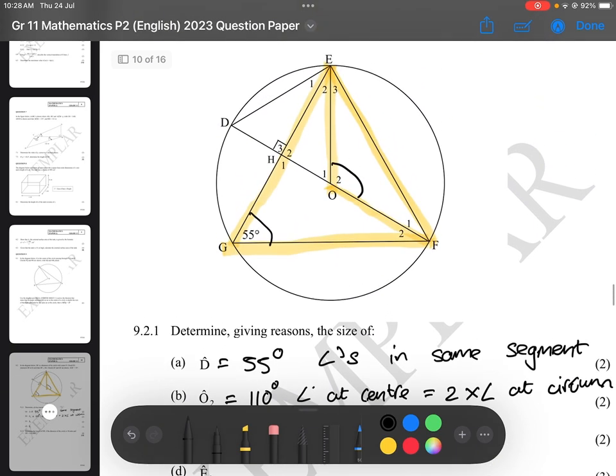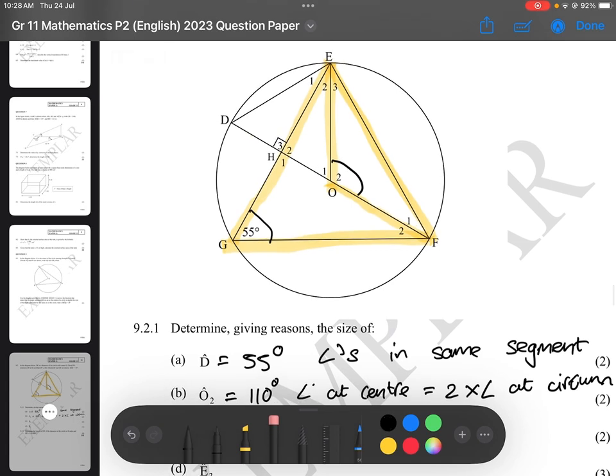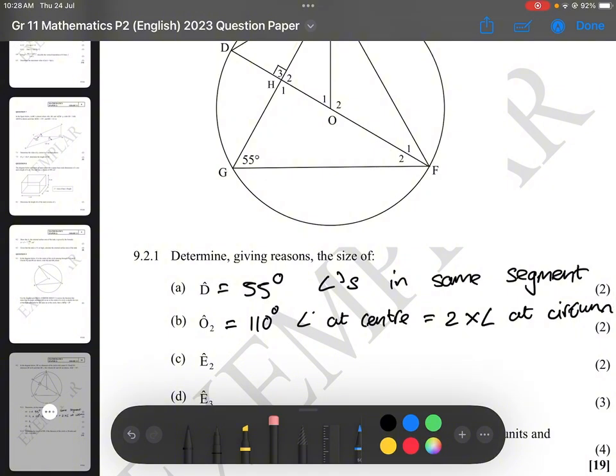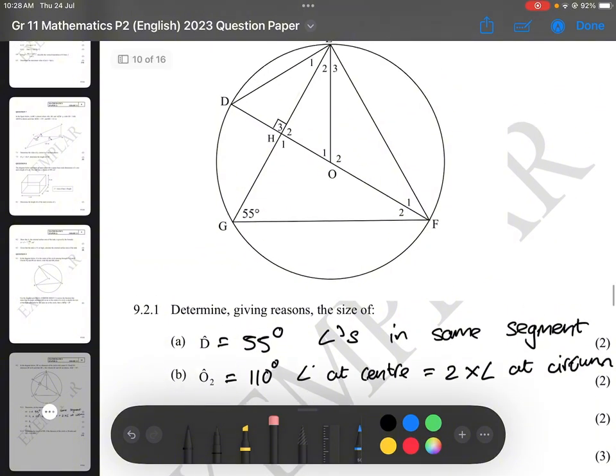Now they say, let's just delete this. So let me just delete all this. Now they ask us to find E2. How can we find E2?